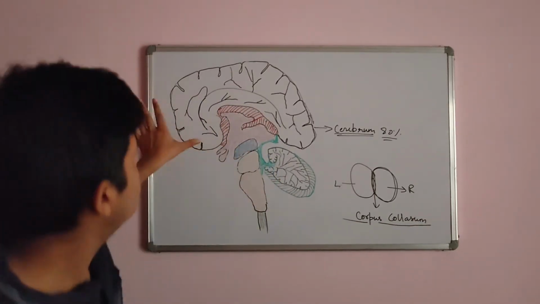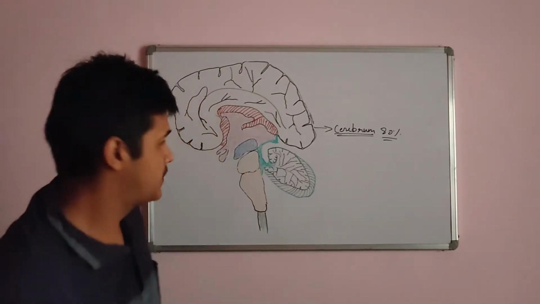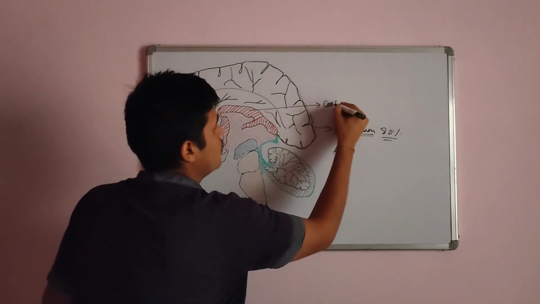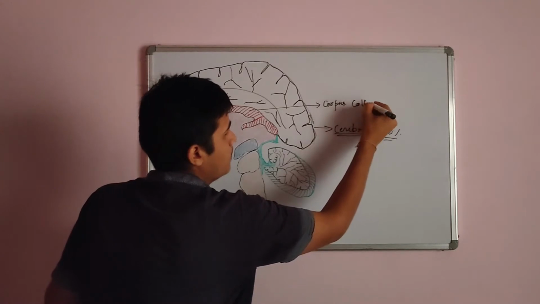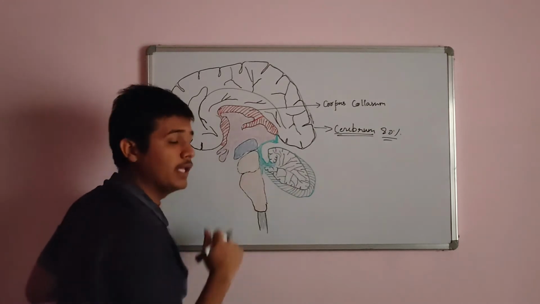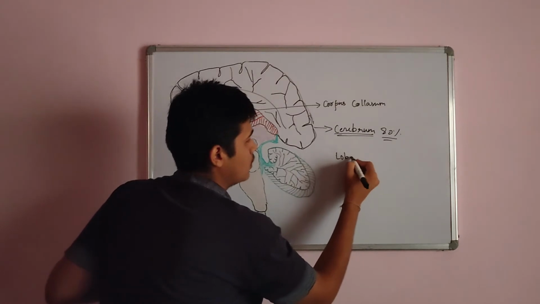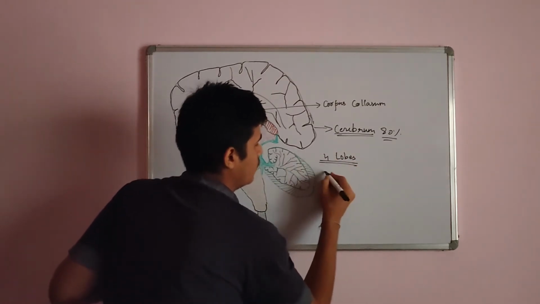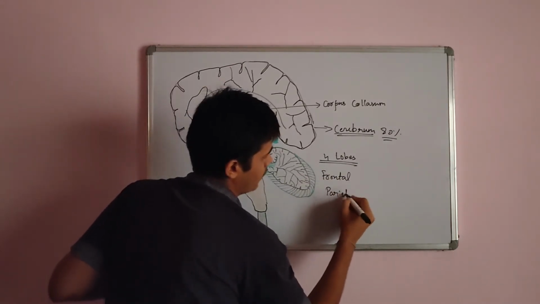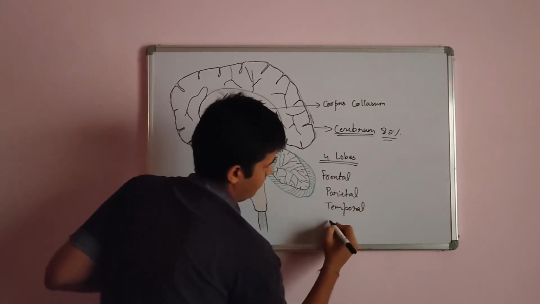Again, this cerebrum contains four sections or four lobes: frontal lobe, parietal lobe, temporal lobe and occipital lobe.